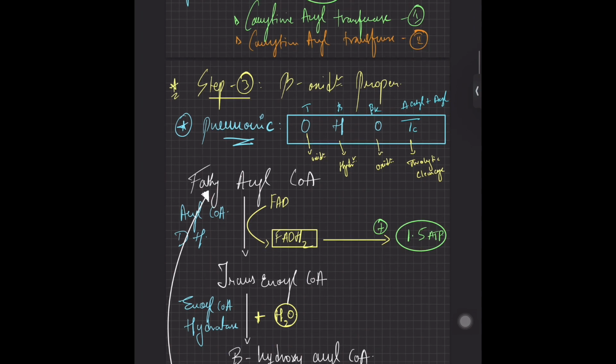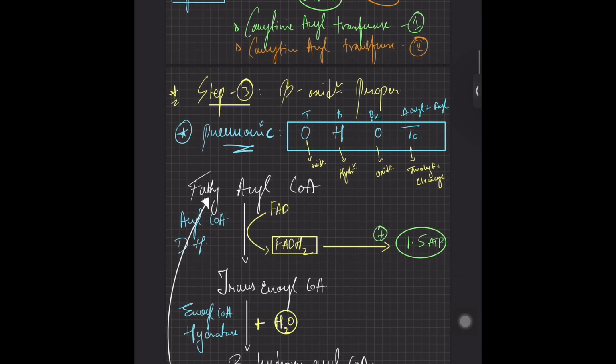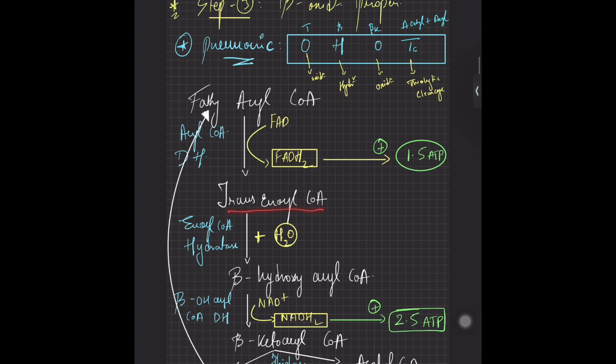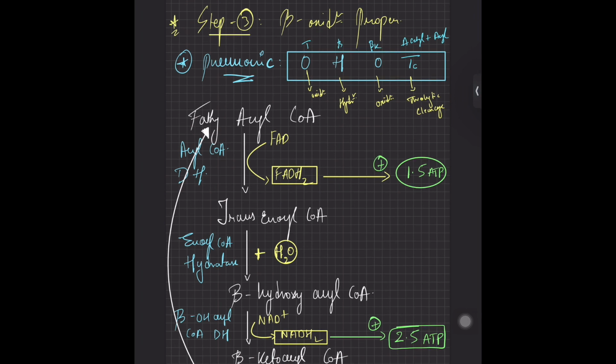Next, the first process being oxidation, wherein the fatty acyl CoA which was brought into the mitochondria gets converted into trans-enoyl CoA by the enzyme. First you have to always remember the enzymes so that you can easily grasp what is the process involved. As the first one is the oxidation process, there must be a dehydrogenation. So acyl CoA dehydrogenase will act on fatty acyl CoA.